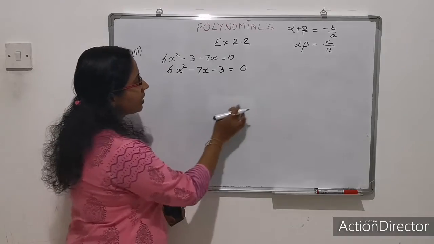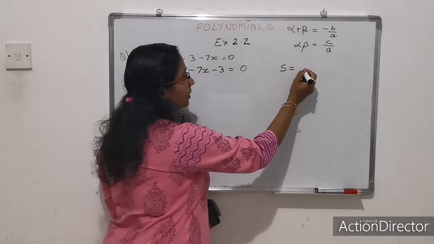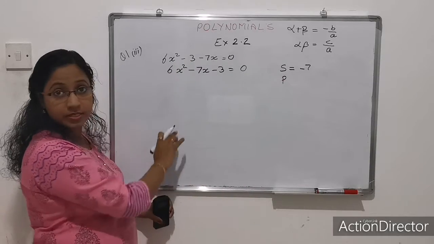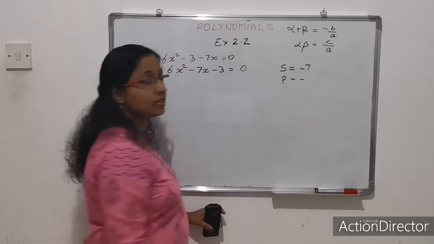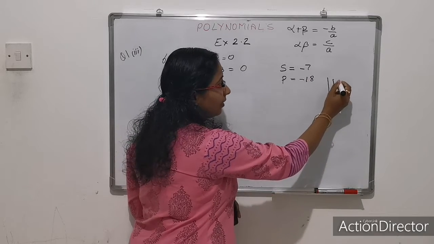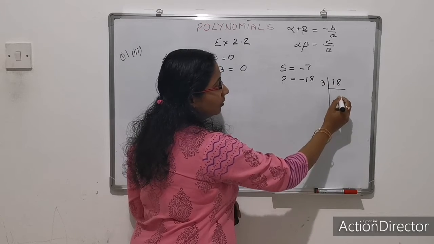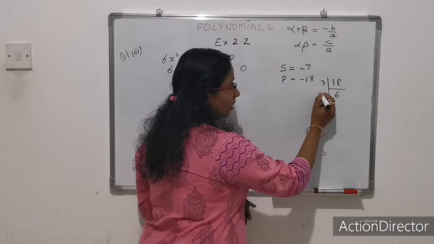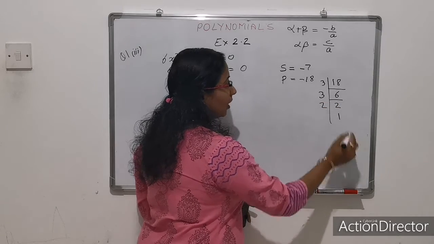Now in this case the S becomes minus 7, and P becomes minus 3 into 6, so 6 into 3 is 18, that is minus 18. Now we will find the factors of 18. 3 sixes are 18, so 6, then we write 3, 2, 2, 1.